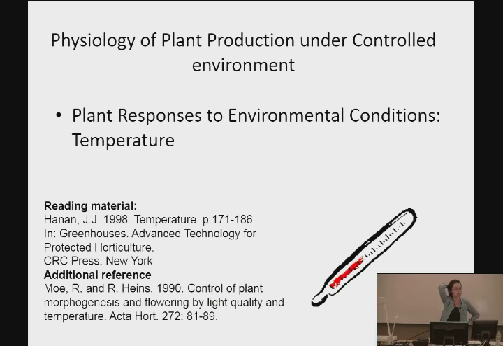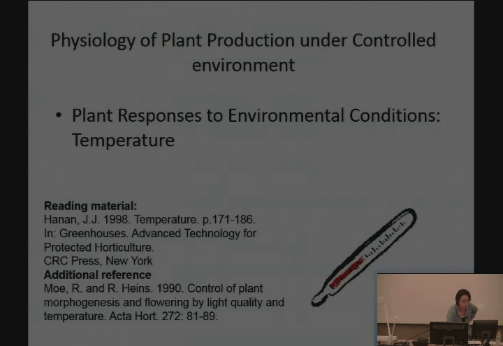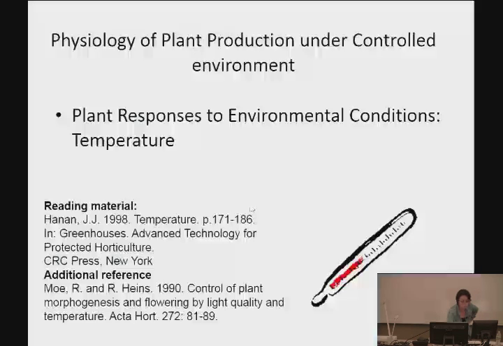Temperature. So two readings are already uploaded. The first one is for everyone. It's Hanan's chapter, Temperature, so the general understanding of temperature influence on plants. And the second one is a conference paper written by Romo, I think, Romo and Royal Hines.